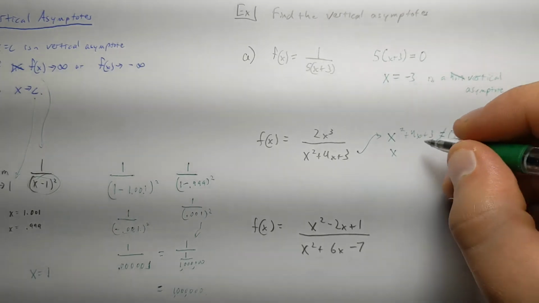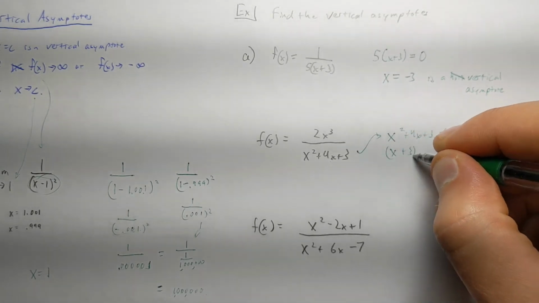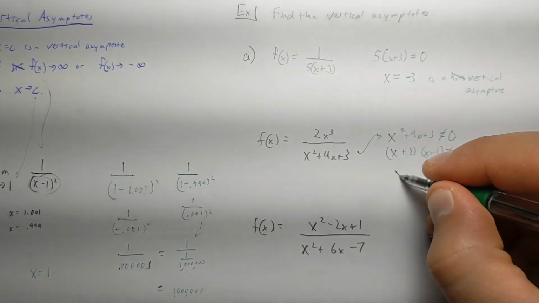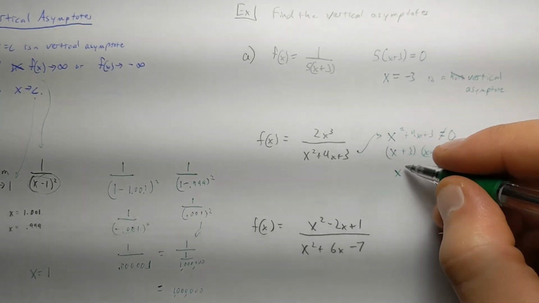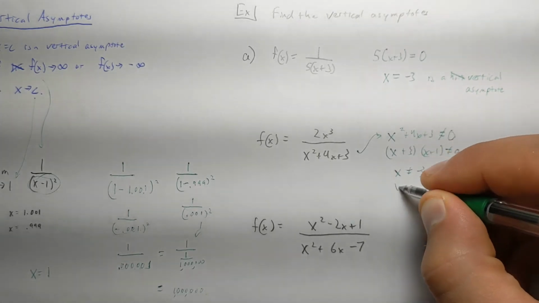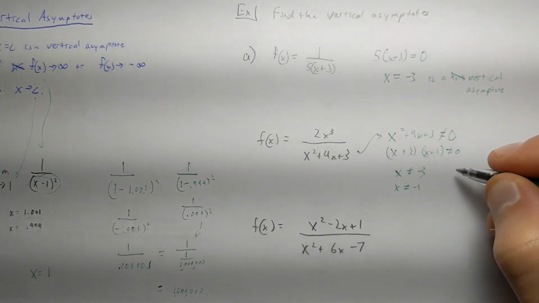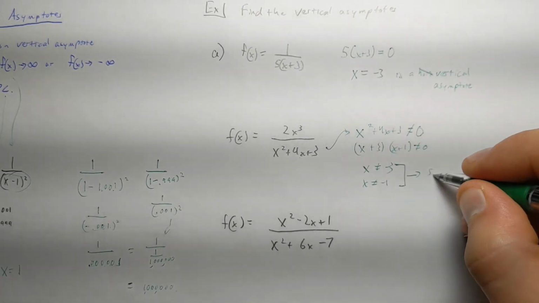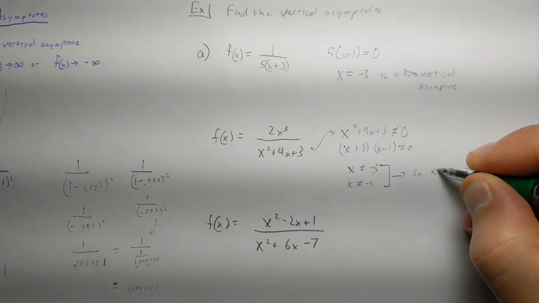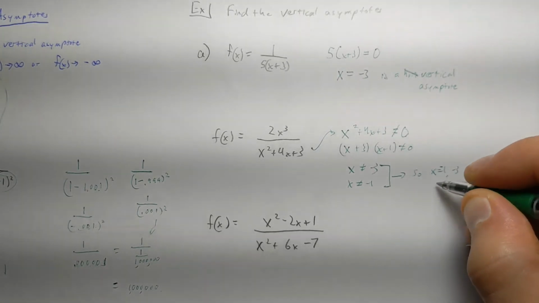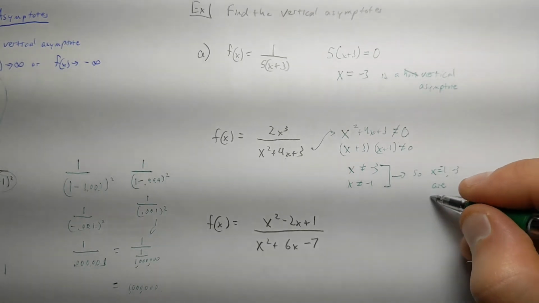Therefore, x plus 3 times x plus 1 cannot equal 0. Therefore, x cannot equal negative 3, x cannot equal negative 1. So x equals negative 1, negative 3 are vertical asymptotes.